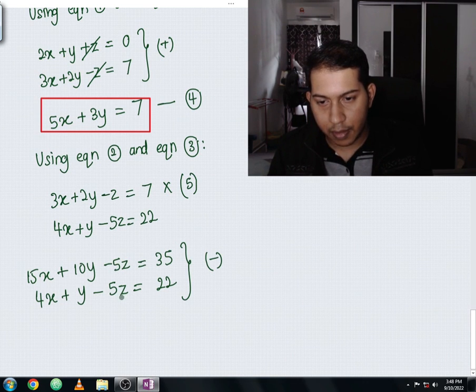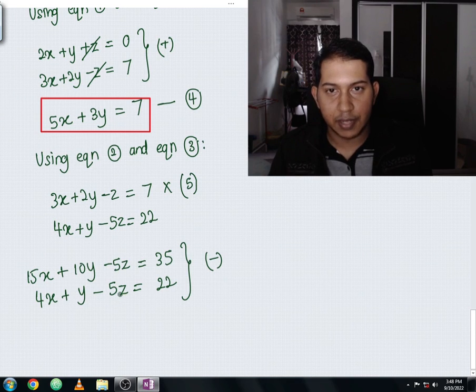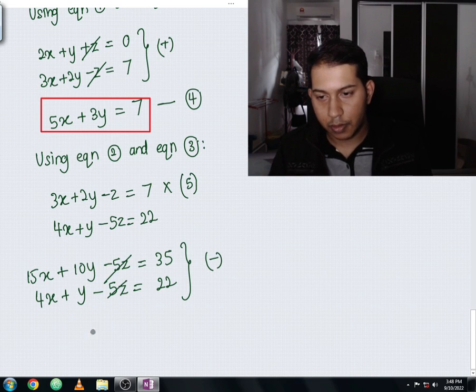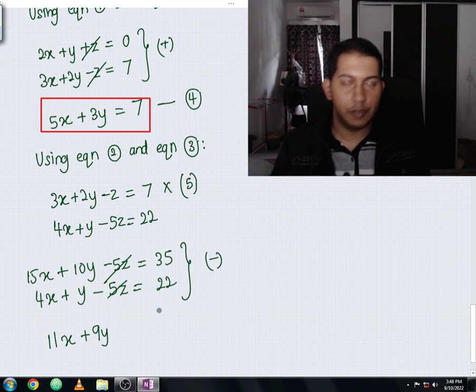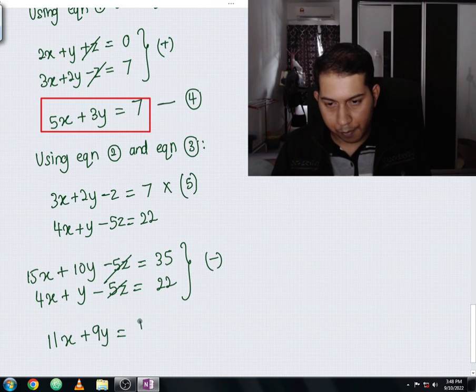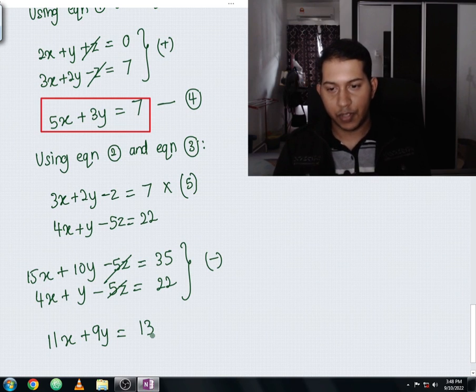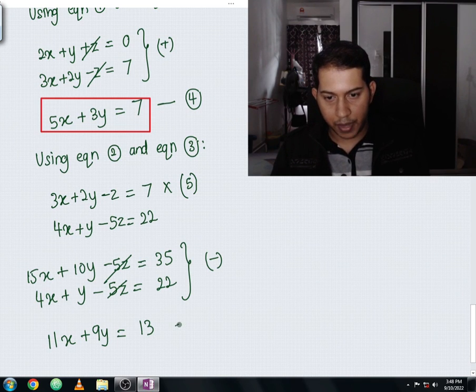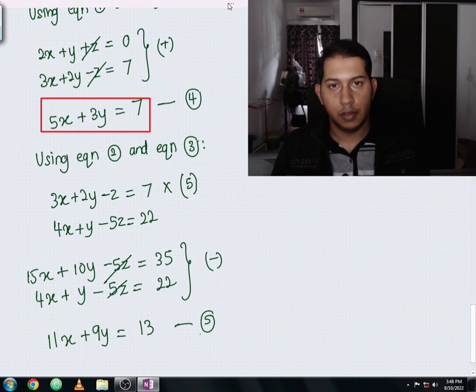Negative 5z minus negative 5z, so from here you get 0. 15x minus 4x, you get 11x. 10y minus y, you get 9y. 35 minus 22, you get 13. So this is your equation number 5. Let me box this.